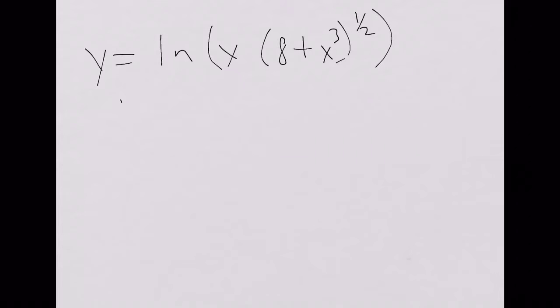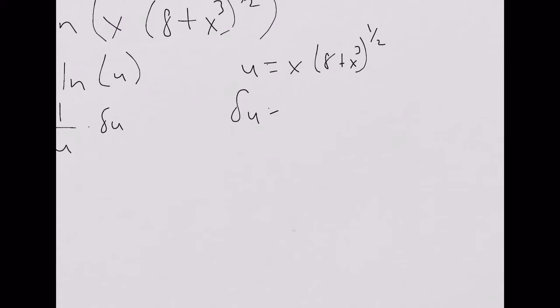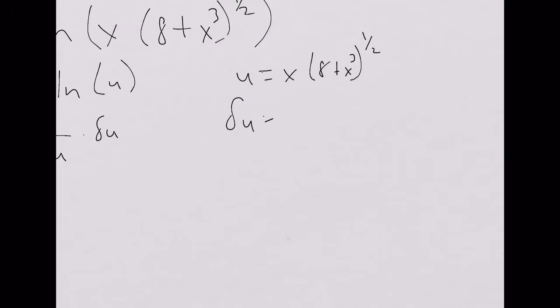So this is like saying y equals the natural log of u, where u is the thing in the parentheses. And so the derivative of this is pretty easy. It's 1 over u times the derivative of u. Well, the derivative of u is a little trickier, right? We have to do the product rule, and then we have to do some more substitutions, it looks like.